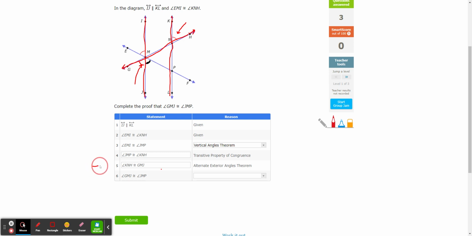And notice we said KNH is congruent to GMJ. Oops, I forgot to put my angle measure in there. IXL's going to yell at me. There we go. Put my angle measure in there.